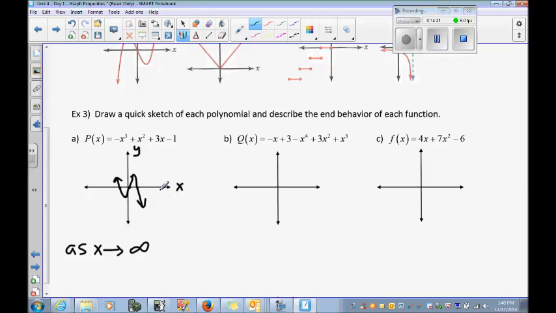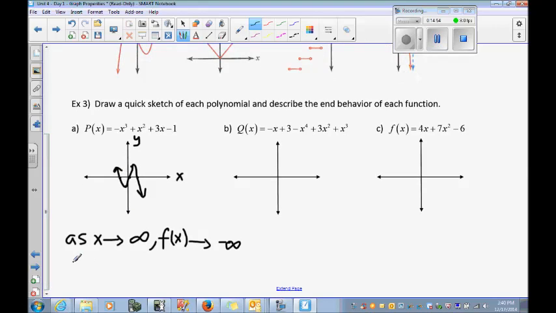As my x's are going towards positive infinity, my y's, or my f of x, are going towards negative infinity. F of x goes towards negative infinity.